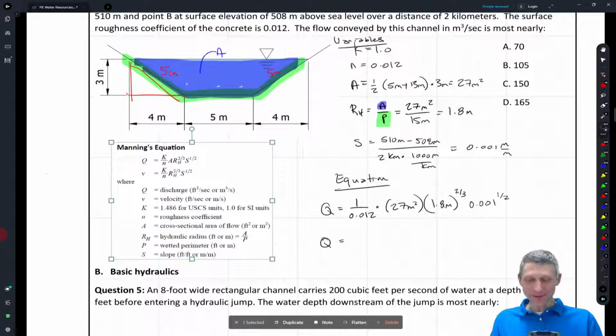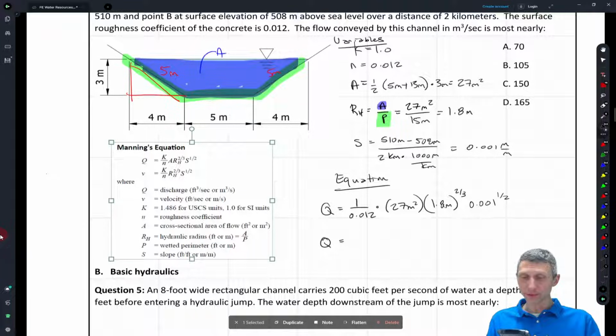So 1 divided by 0.012 times 27 times 1.8, and then what I do here is just to the 2/3 power. You can put 2/3 directly into the calculator, but make sure you hit that over button to get down again from the calculator, times 0.001 to the 0.5.